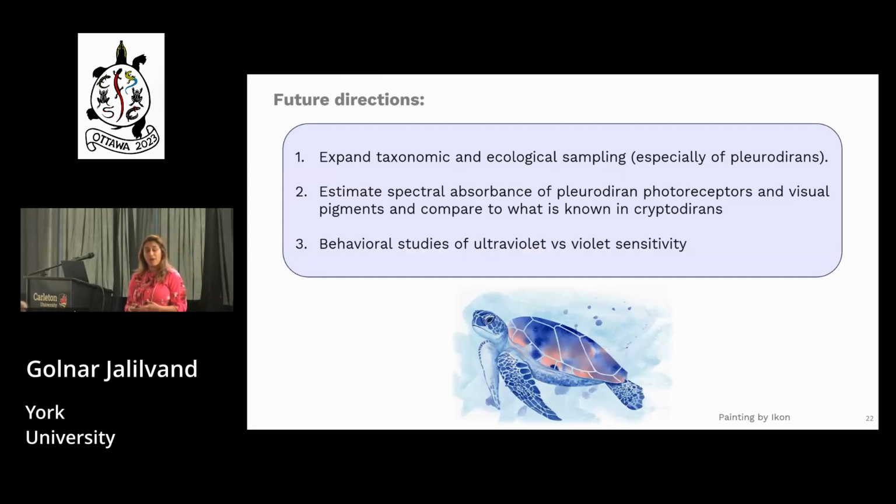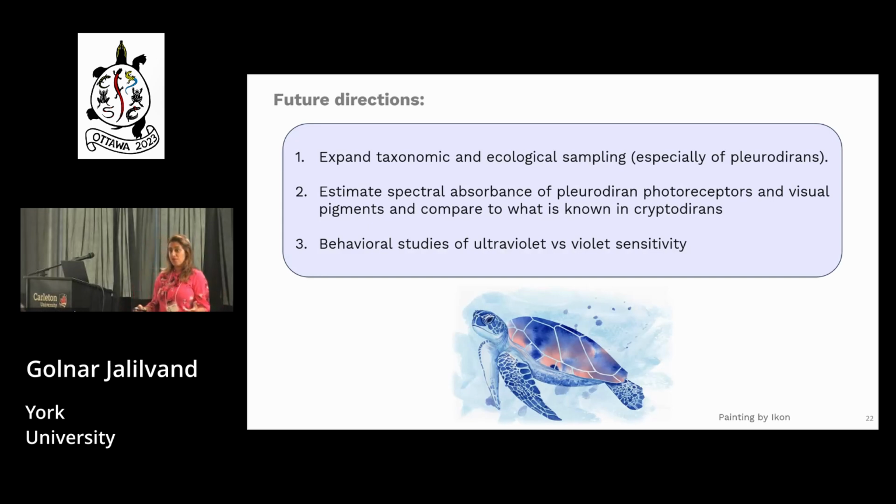For our future direction, we are looking to expand our taxonomic and ecological sampling, specifically from Pleurodirans. We are looking to find an eyeball from a Pleurodiran species to estimate the spectral absorbance of Pleurodirans and compare it with that of Cryptodirans to see why they are not UV sensitive at all or less UV sensitive compared to Cryptodirans.